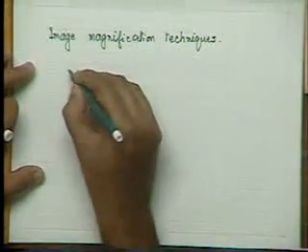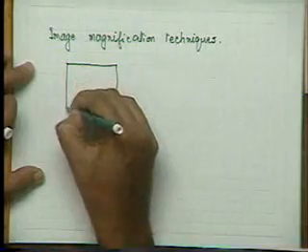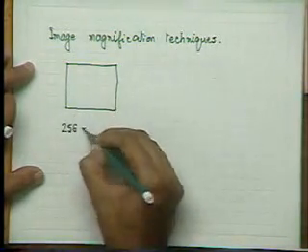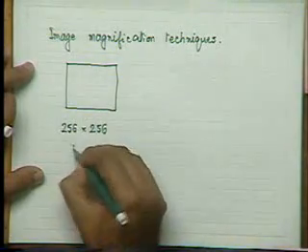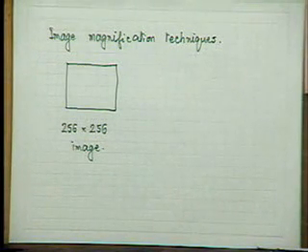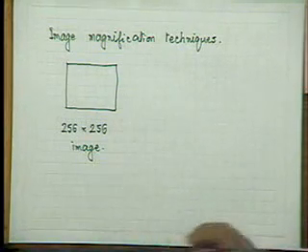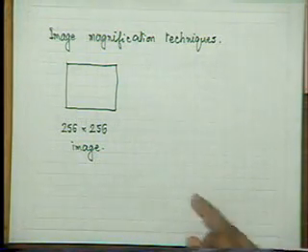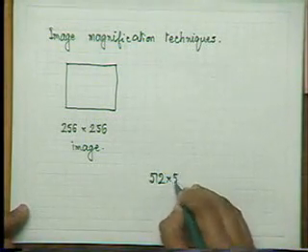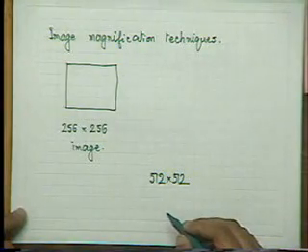Now supposing we have got a 256 by 256 image, and let us say that we want to magnify this image so that it can occupy a grid space of 512 by 512 pixels, okay.